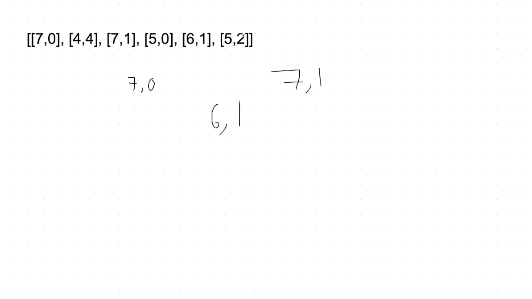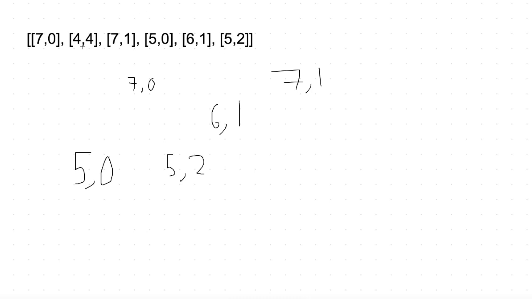Now let's look at 5, 2 and 5, 0. So 5, 0 must be in the first position because there's no one in front of it with a height greater than or equal to 5. So we'll put 5, 0 here. And 5, 2 says that there's two people in front of it with a height greater than or equal to 5. So then we'll put 5, 2 here.